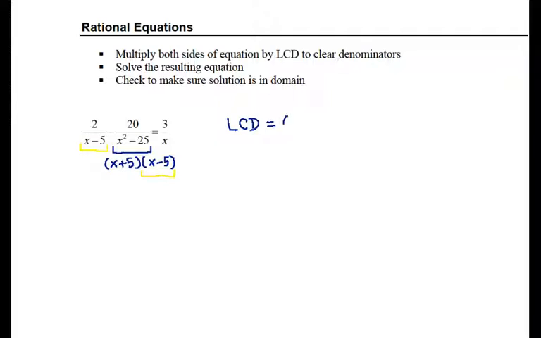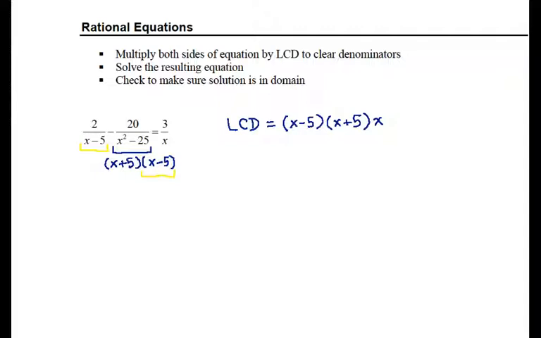So I need to make sure that I have x minus 5, x plus 5, and x. If I have these 3 factors, then every factor that shows up in a denominator is covered by the LCD. So my first step is to multiply both sides of the equation by this LCD.